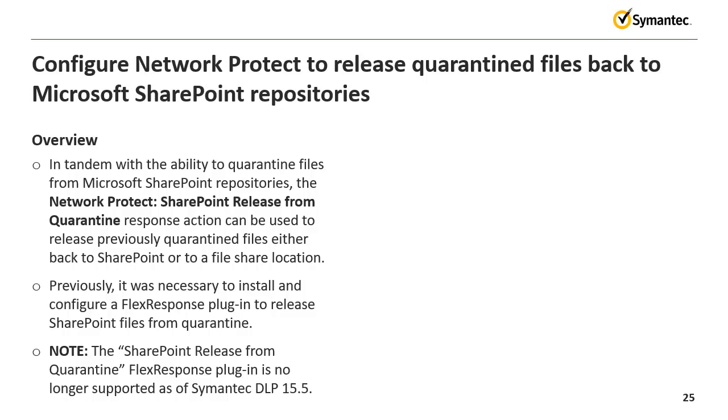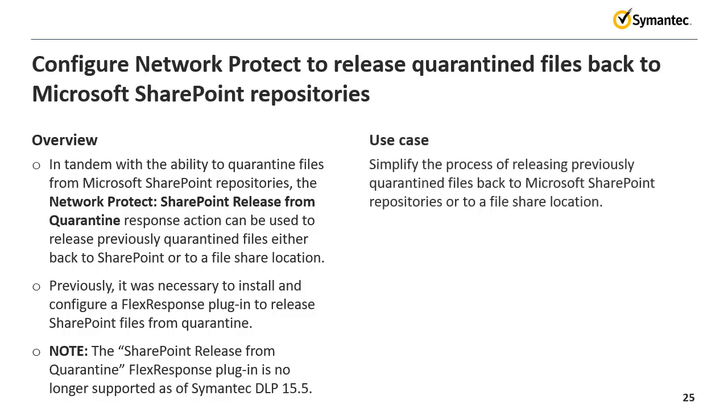Note that with the introduction of this new feature in Symantec DLP 15.5, the SharePoint Release from Quarantine Flex Response plugin is no longer supported. This new feature enables organizations to simplify the process of releasing previously quarantined files back to Microsoft SharePoint repositories or to a file share location.